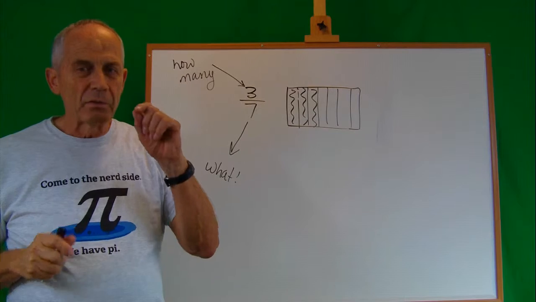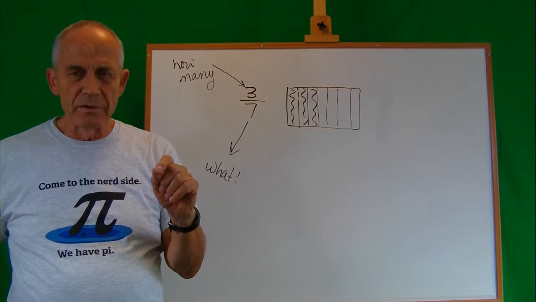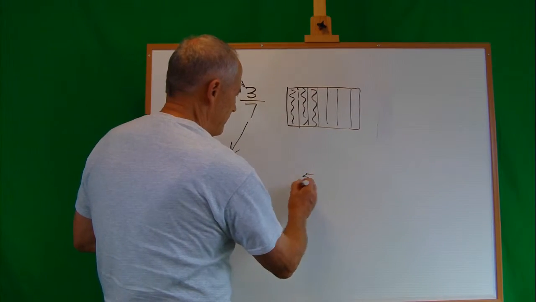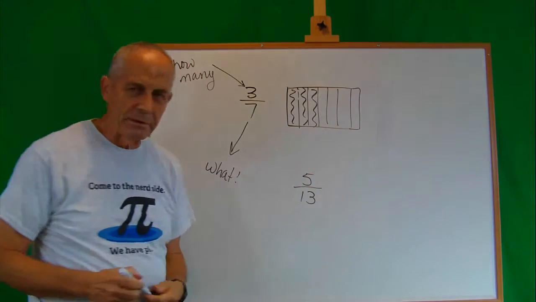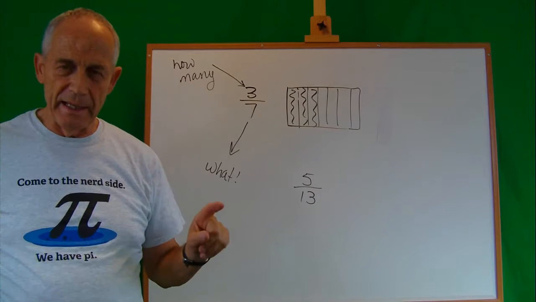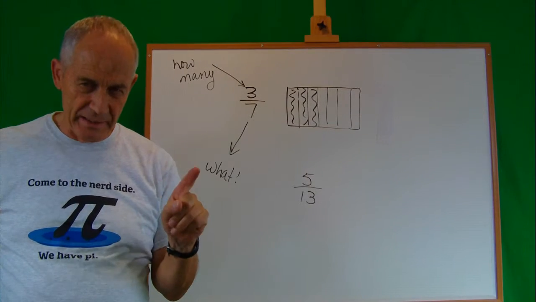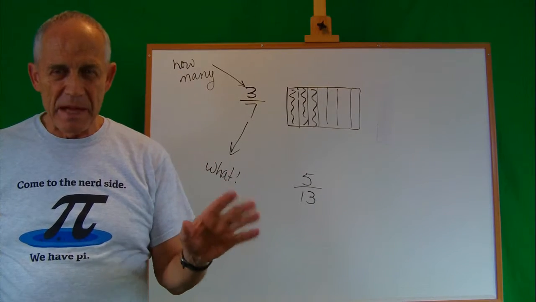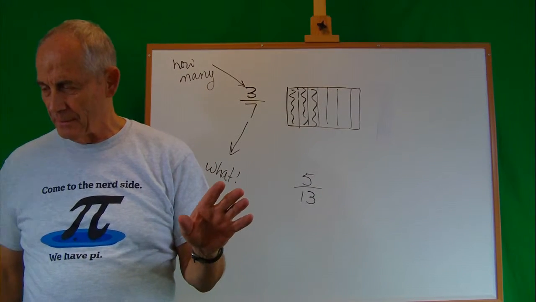So when you're dealing with fractions, try to look at it like that. So if I write a fraction down here, 5/13ths, when you look at that, think: I'm dealing with 13ths and there are 5 of them. So you've got a better picture of what you're working with.